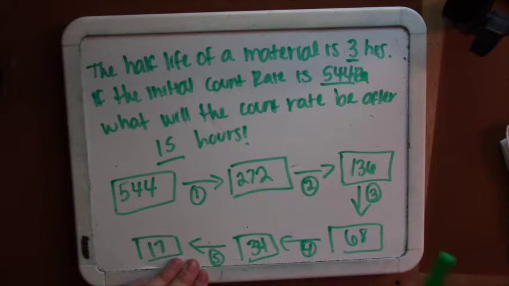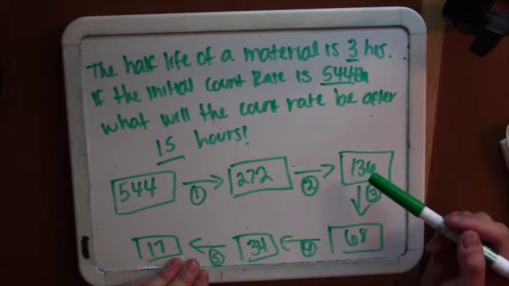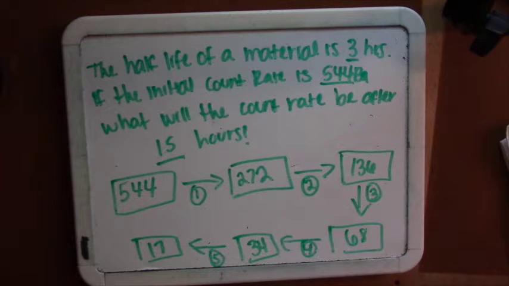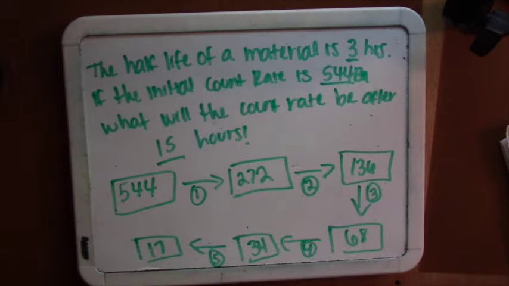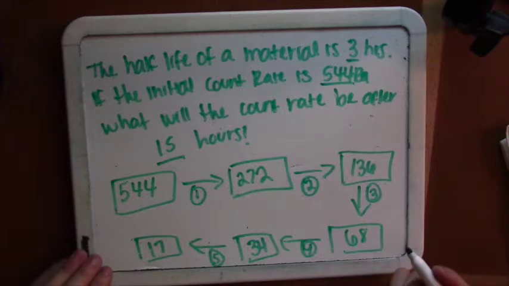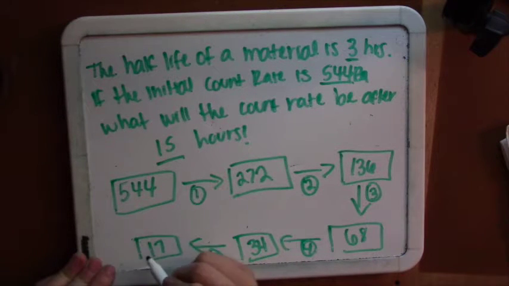If we remember, we did 15 divided by 3 to find how many half-lives we're looking for, and the answer was 5. So once we reach 5, our answer is here. So our answer in this case would be 17.